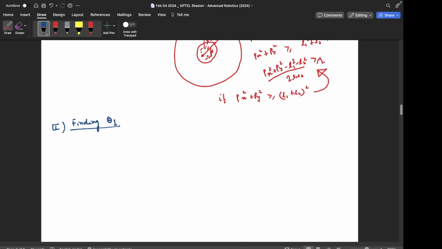And this involves more mathematical manipulation than theta 2, so please follow carefully here. Let me rewrite the two equations of px and py.